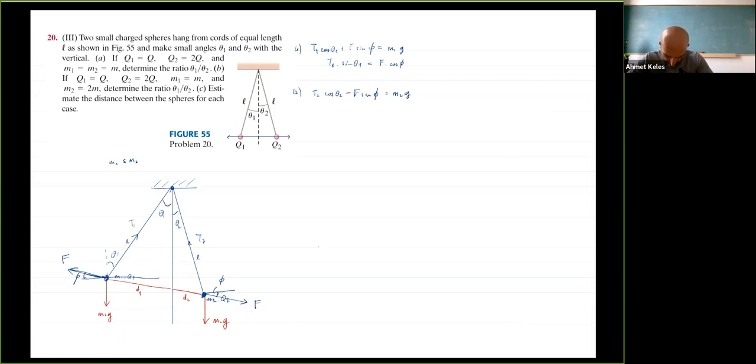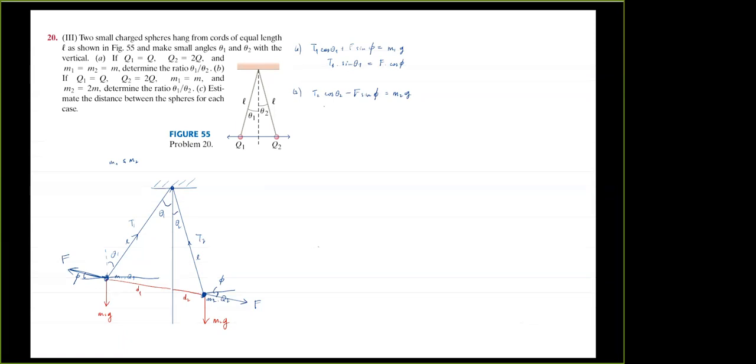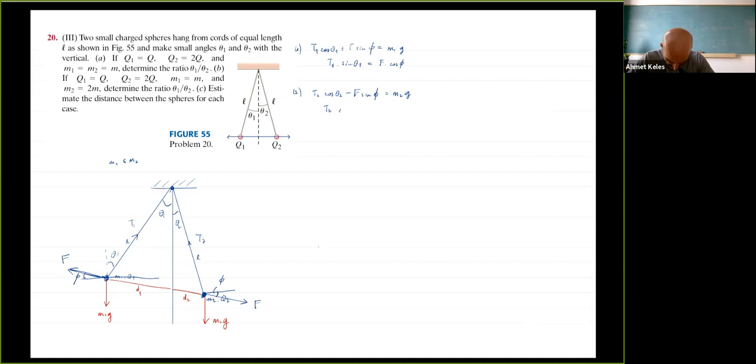And the horizontal component is going to be T2 sine θ2 is equal to F cosine phi. Okay, these are all the equations, right? Any other equations that I couldn't write here? Anybody wants to add anything?